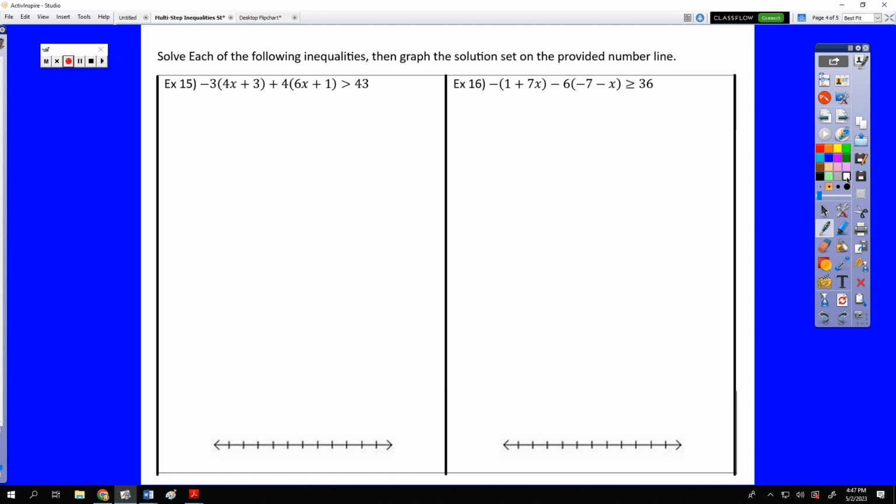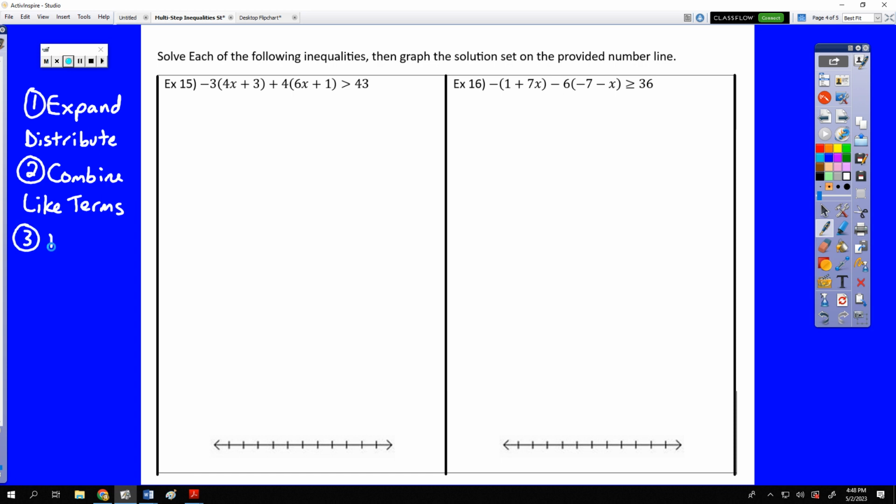Step 1 in that process is to expand. In other words, we are going to distribute and get rid of any and all parentheses. After we expand and get rid of any parentheses, we are then supposed to combine any like terms on each side of the equation.